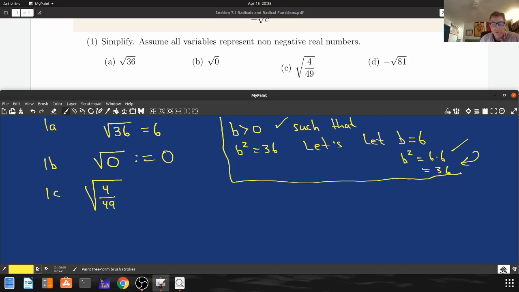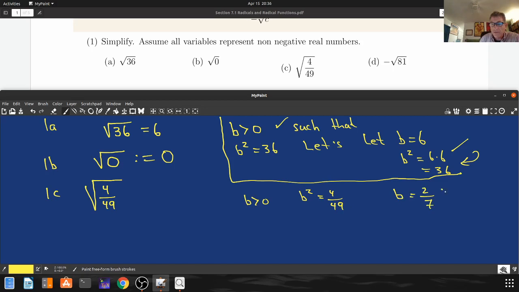So again, we're looking for b greater than 0, such that b squared is equal to 4 over 49. Well, let's just try b equals 2/7.